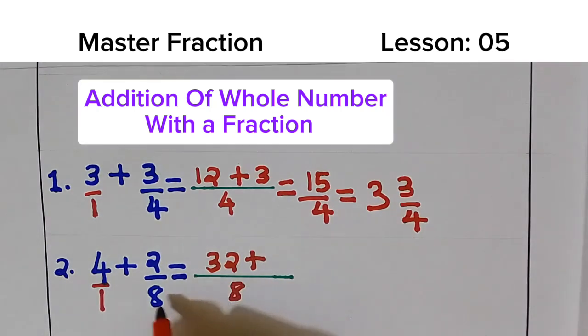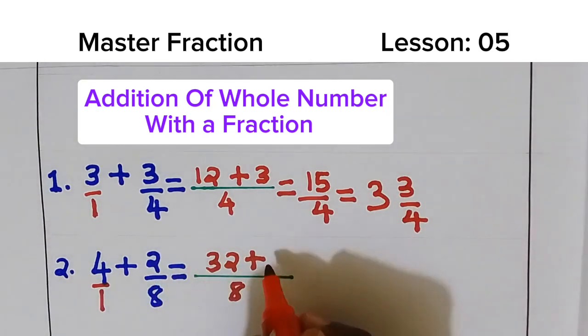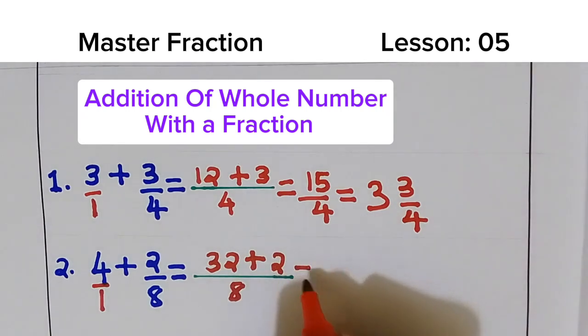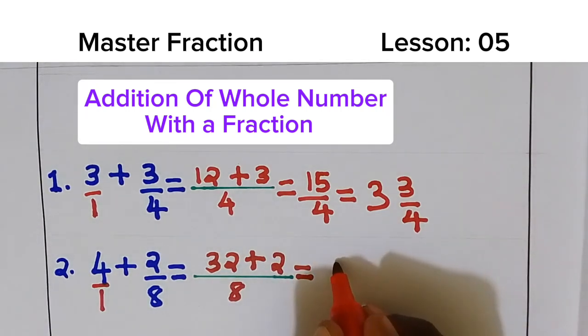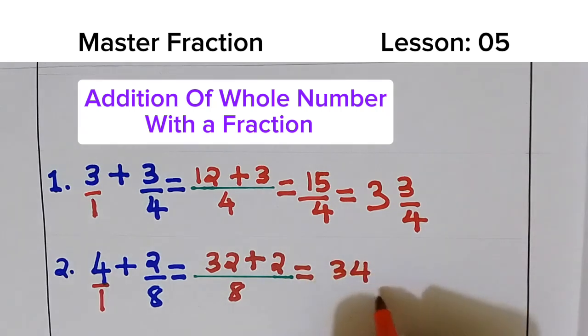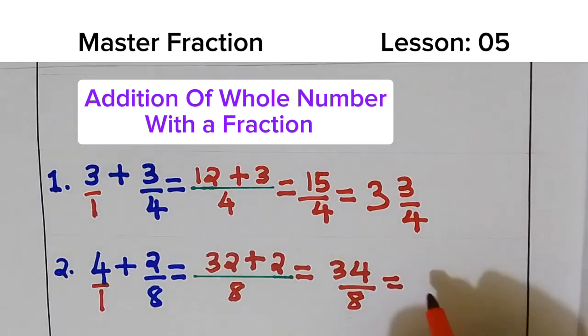Plus 8 divided by 8 is 1. 1 multiplied by 2, we are going to get 2. This is equal to 34 over 8. This is improper fraction, so I'll change it into mixed number, which is going to be 4 whole number, 1 out of 4.